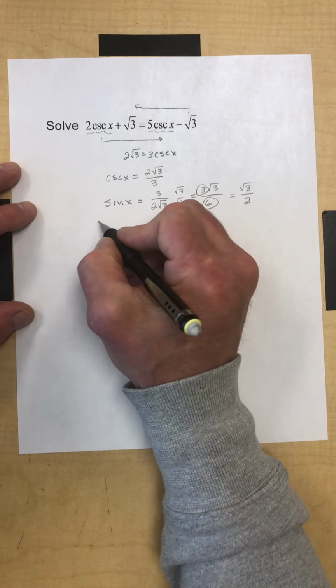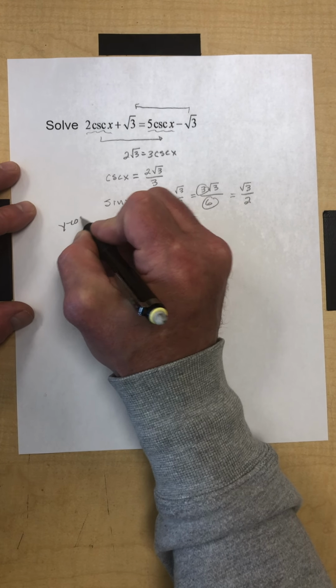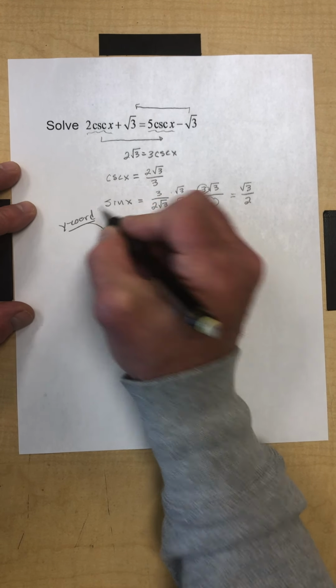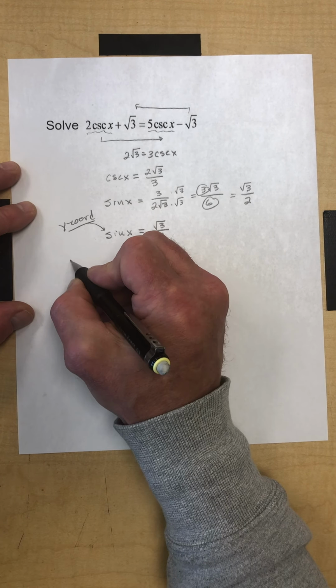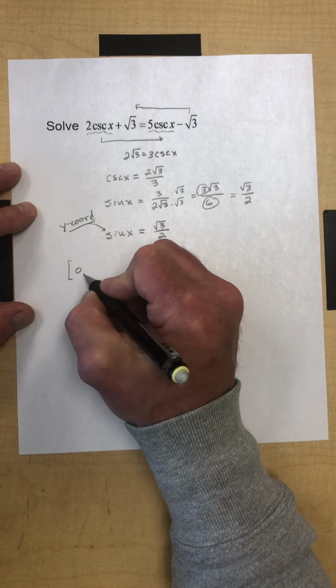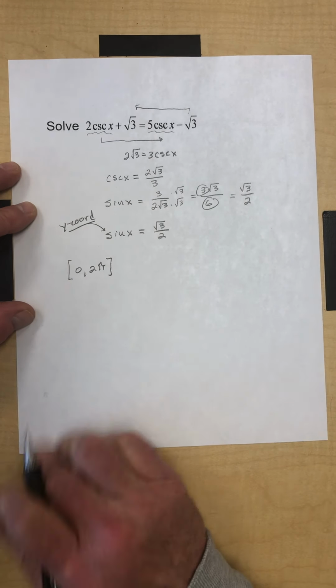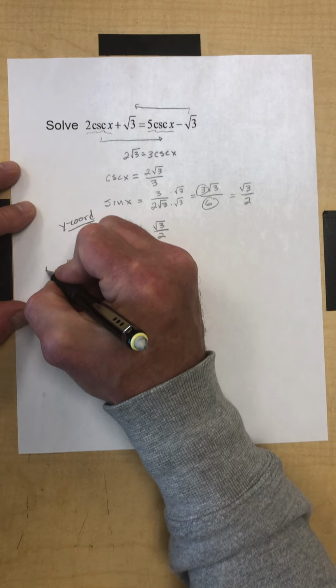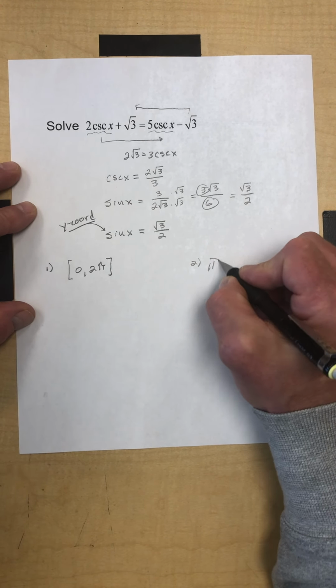Okay, so remember, this is my y coordinate on the unit circle. Okay, so 1 period goes from 0 to 2 pi. So we could solve it on 1 period like that, or we could solve it over the real numbers.